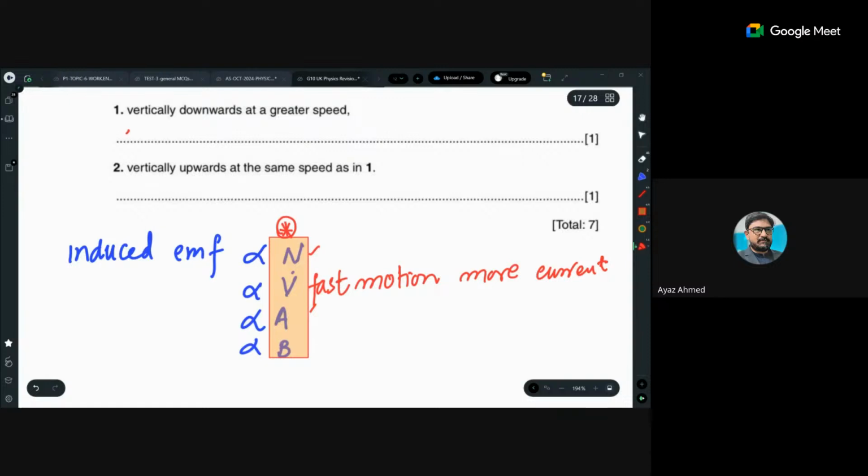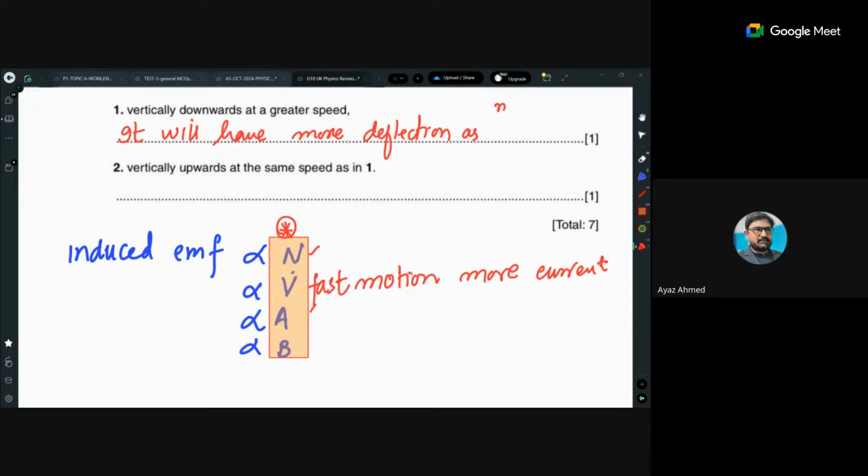So it will have more deflection, as magnetic field lines are cut at a faster rate.